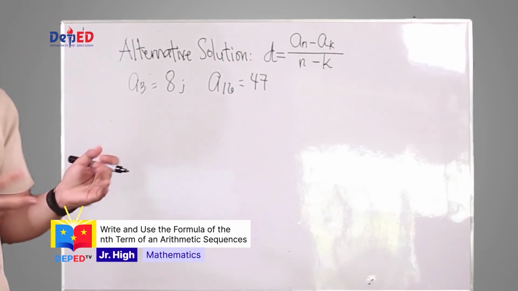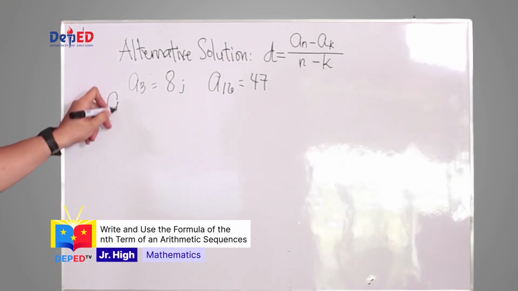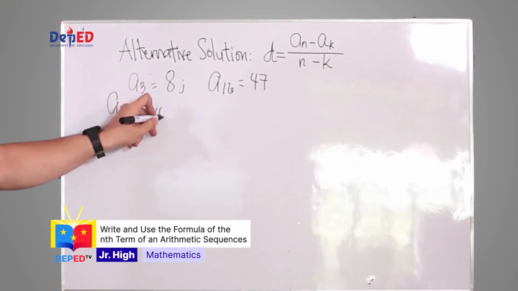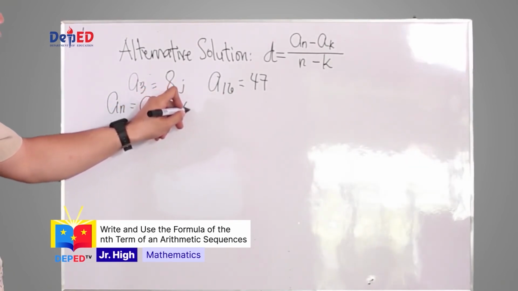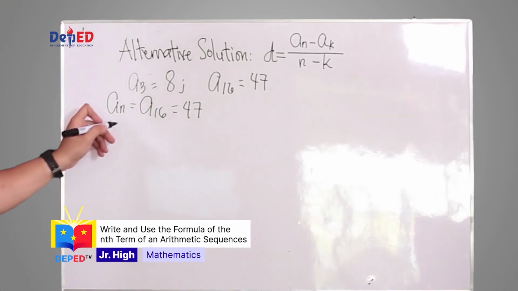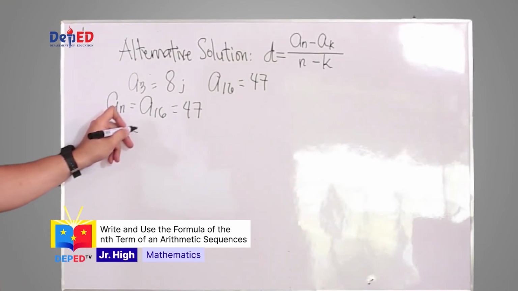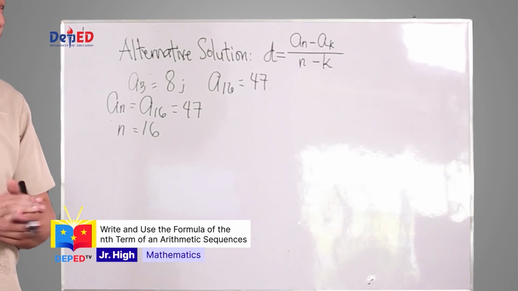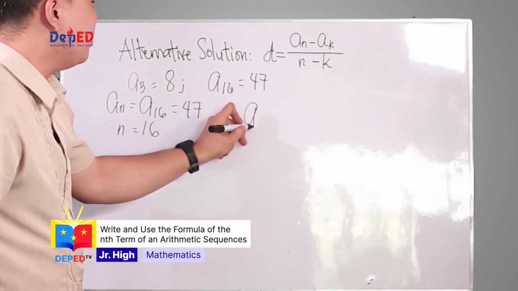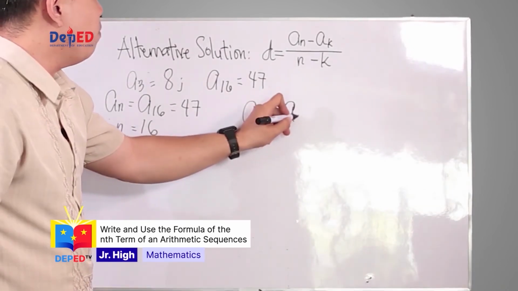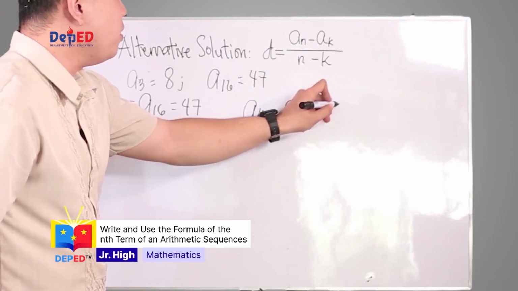From the formula, we can have a sub n is equal to a sub 16. We will use the value, which is 47. And for n, we will use 16. For a sub k, that is equal to a sub 3, which is equal to 8.